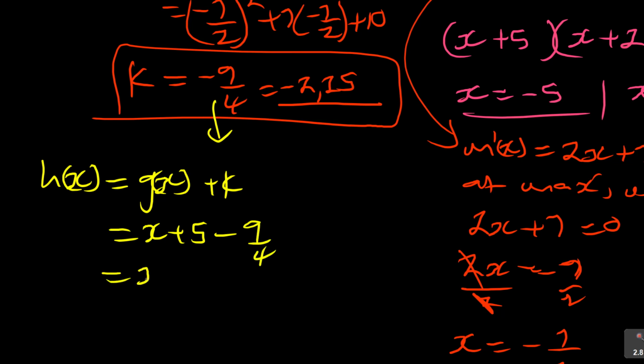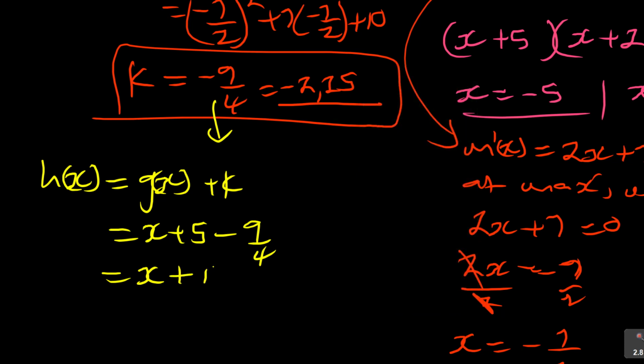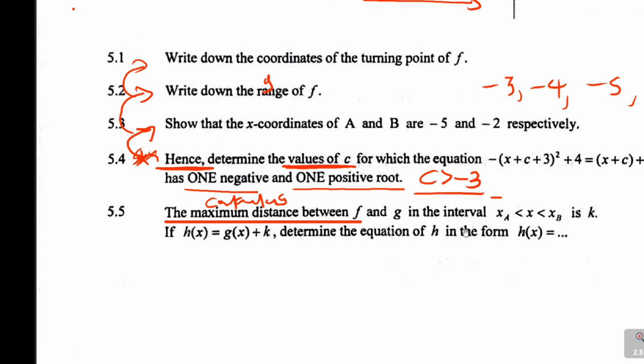Then you separate that and see what it gets. 5 minus 2,25 is equal to 11 over 4, or 2,75, which is plus 11 over 4. So that is the equation of what? Because the question was to determine the equation of h in the form of that.